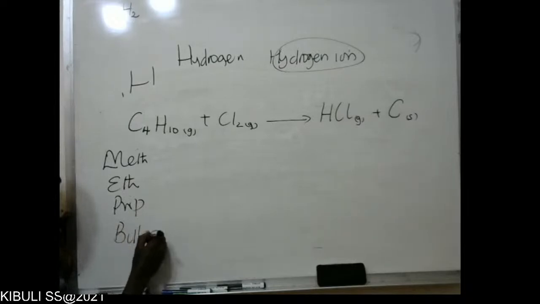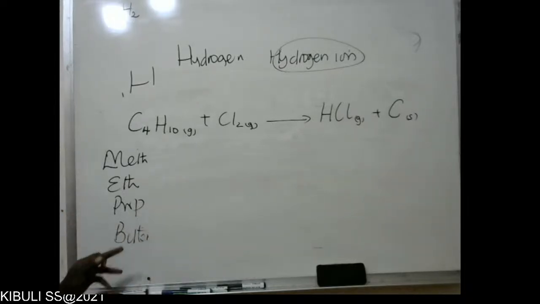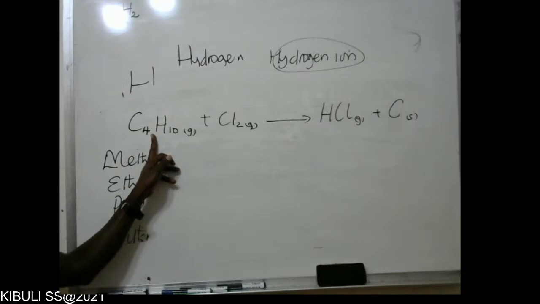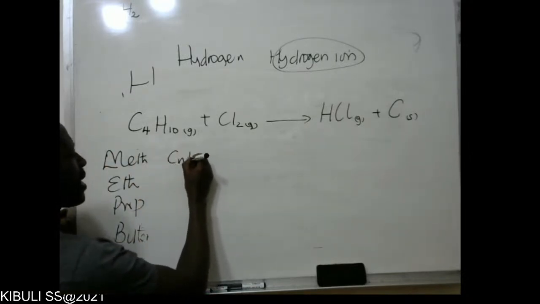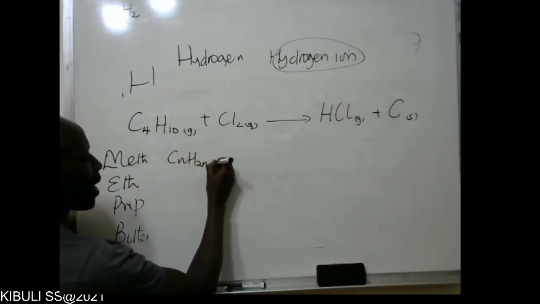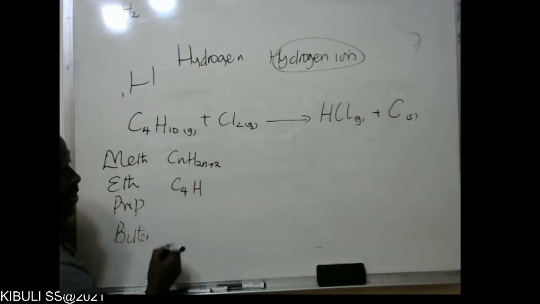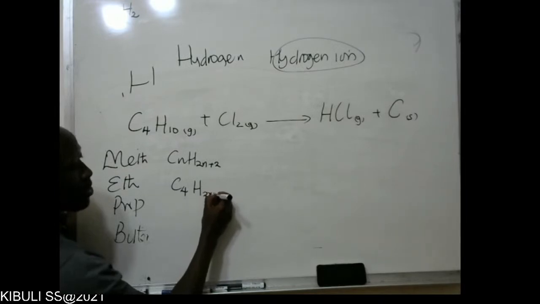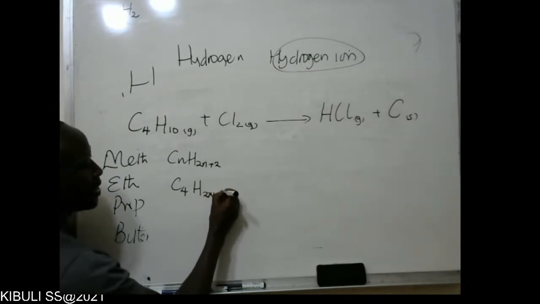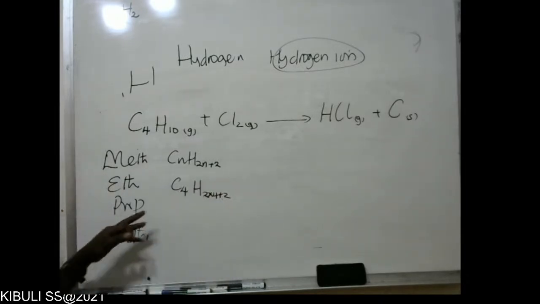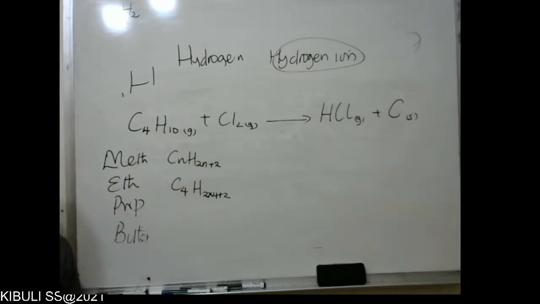But is 4. Now, which formula is this? It occurs CnH2n+2. If C is 4, what is H? It is 2 times 4. That gives what? 8 plus 2 gives 10. And we say this is a saturated hydrocarbon called an alkane.